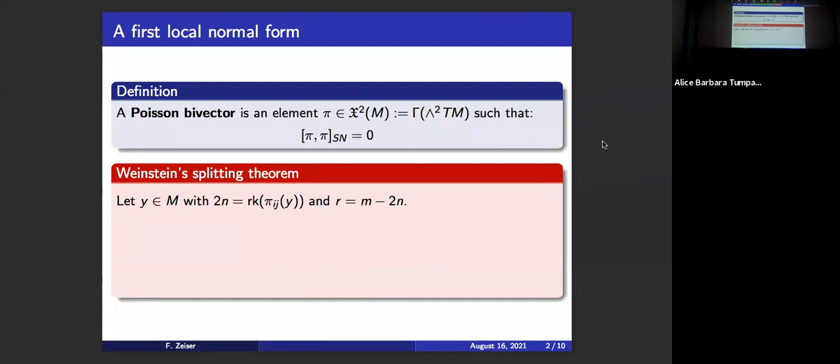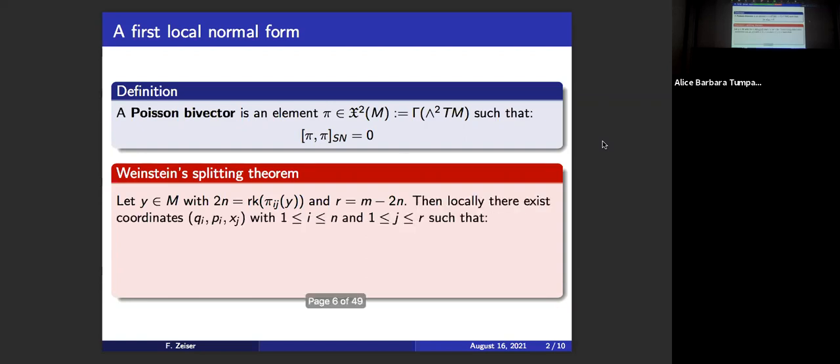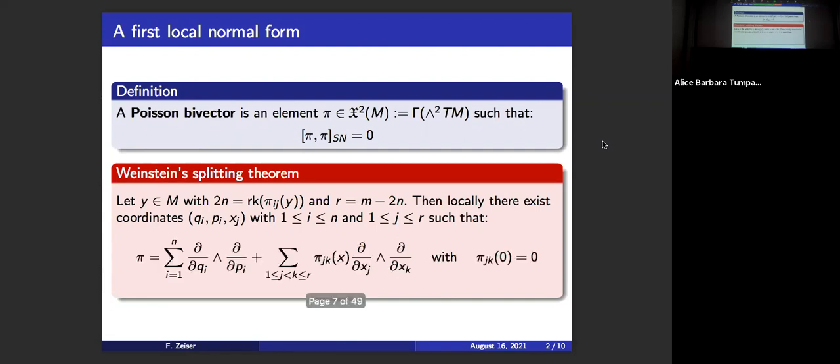which vanishes. More concretely, we take a point on our manifold and look at the rank of the corresponding matrix of coefficients, which gives the rank and the corank R. Then we can find coordinates P, Q, and X, such that the P and Q form the local coordinates of the symplectic leaf.